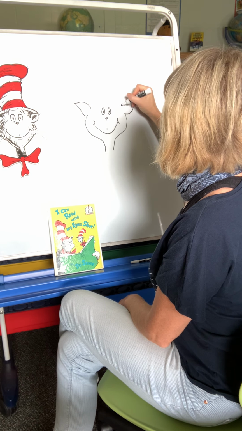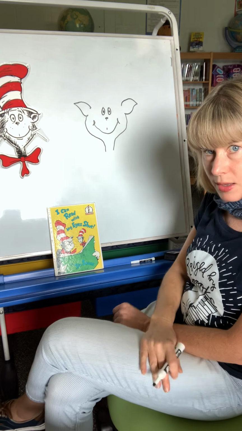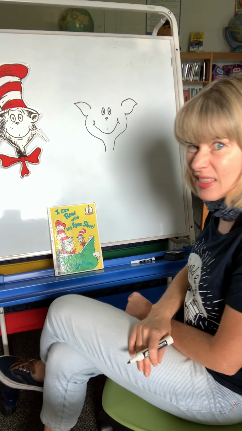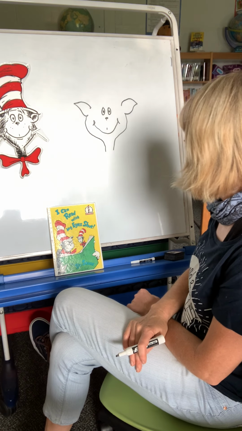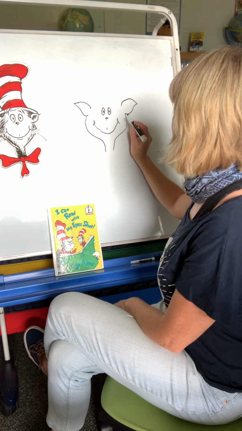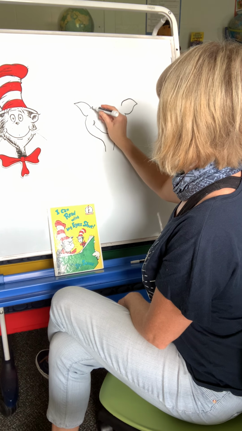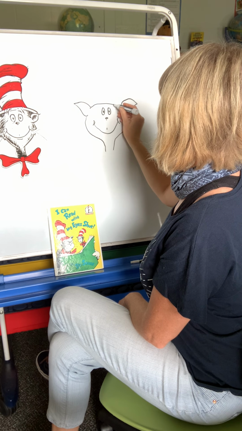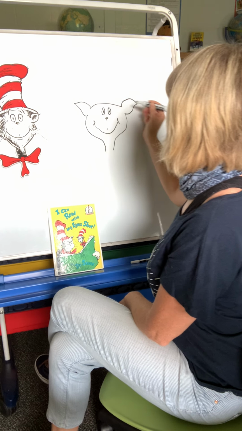Alright, and they don't have to be perfect. They look pretty goofy, but you know what? It's okay. Cat in the Hat likes to have a good time. So now he needs a forehead. His forehead is not much higher than his eyes, so we're going to go ahead and just connect the spots between his ears like that.